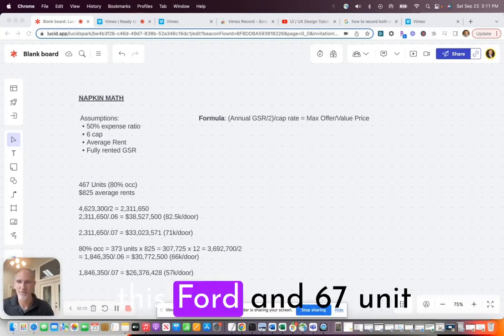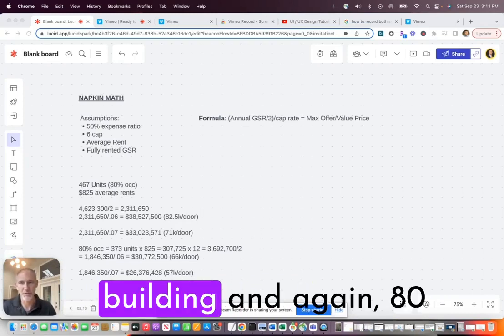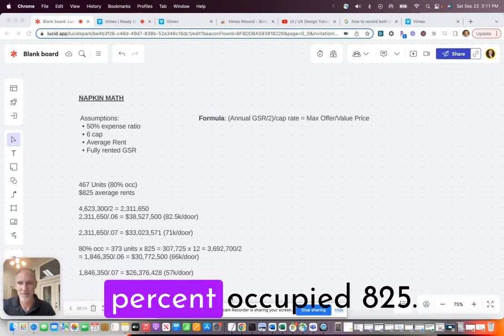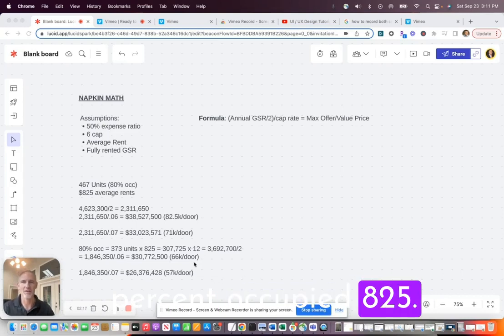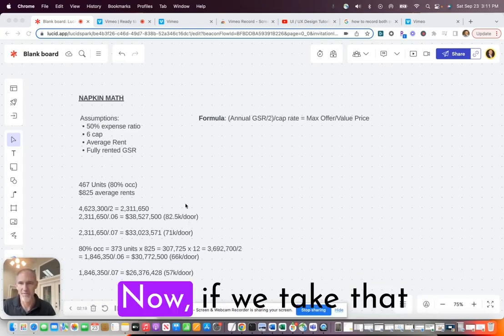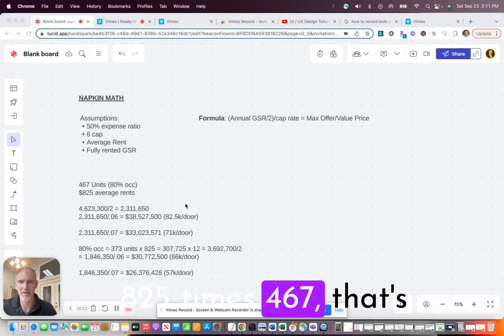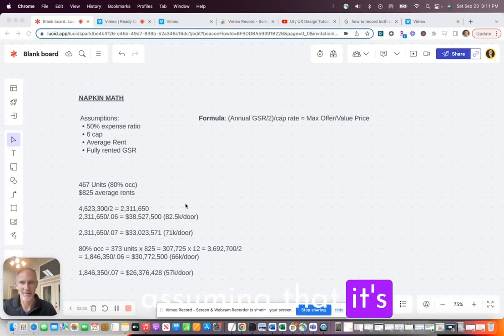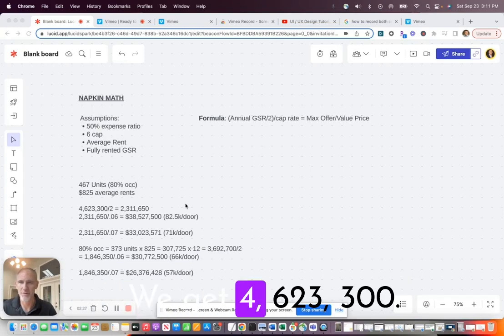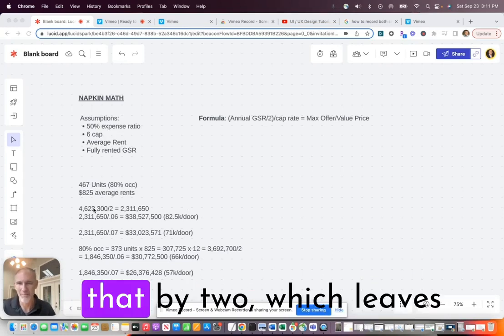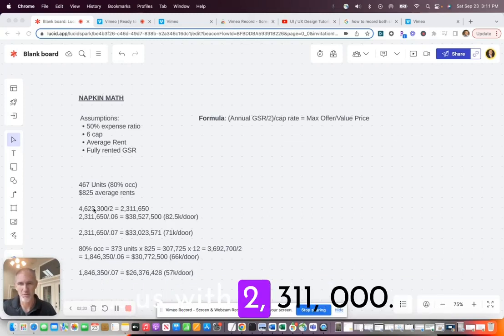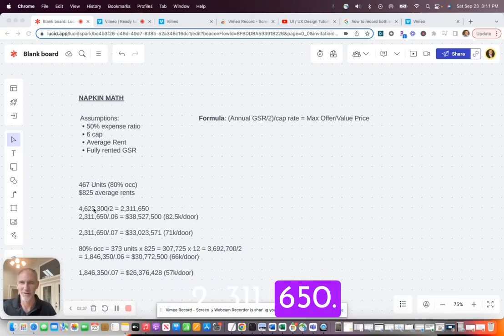So we're going to take this 467 unit building, and again, 80% occupied, $825 per door average rents. Now, if we take that 825 times 467, that's assuming that it's 100% occupied. We get $4,623,300. We're going to divide that by 2, which leaves us with $2,311,650.